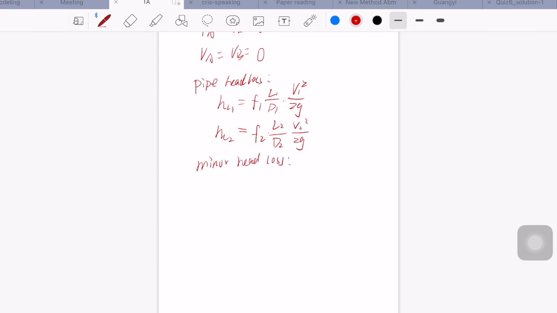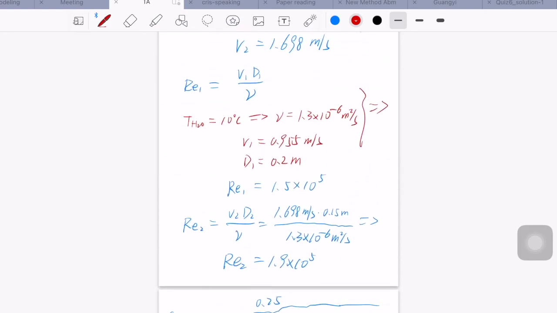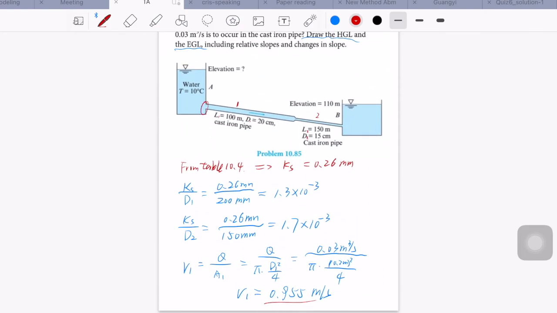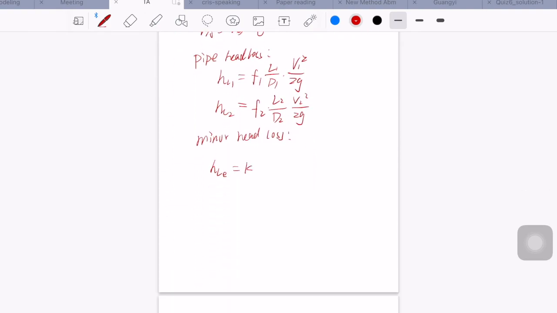So the head loss at the entry should be equal to K lowercase e times V1 square divided by 2g, and from table 10.5 we can determine that K lowercase e is 0.5.